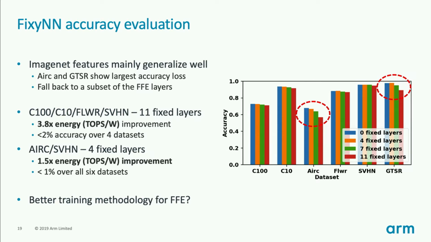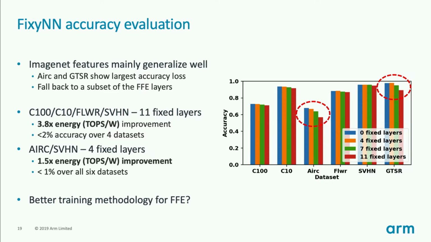There were 2 outlier data sets which do drop off, and these are data sets which have very specific images in, like aircraft or road signs. So for these networks, we're not able to maintain accuracy when we fix a large number of layers.